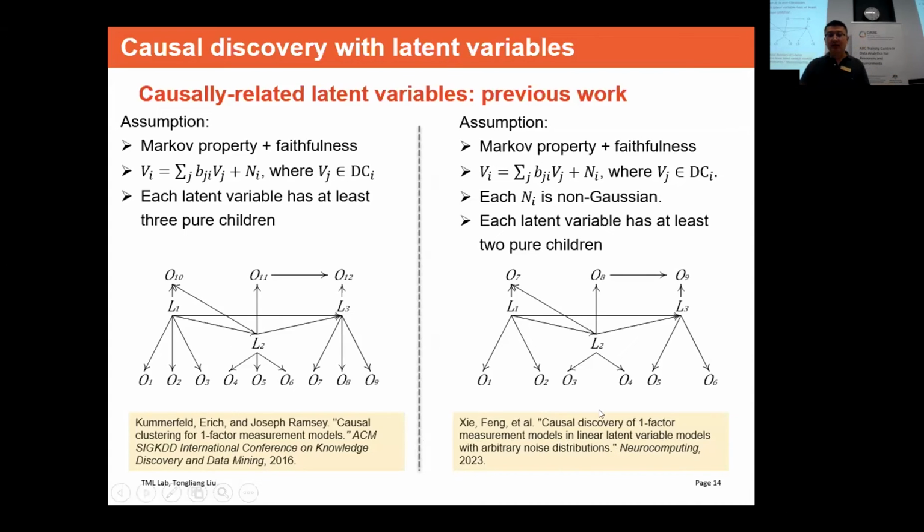Another work last year has a weaker assumption. They assume the noise is non-Gaussian, and even though the latent variables are dependent on each other, each latent variable has at least 2 pure children. With those assumptions, we can identify the latent variables and then discover the causal relationships.